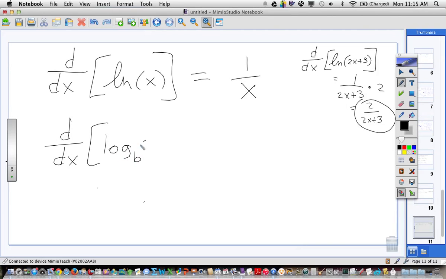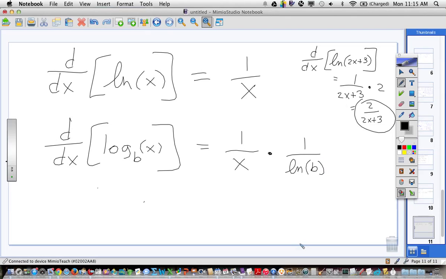All right, now what about other logs? What about logs with other bases? Well, just like with exponentials, it's very similar. It's the same rule, but we have to tack on this multiplier. Except instead of tacking on ln b like we did with exponentials, we tack on 1 over ln b, which is kind of easy to remember because the derivative itself is already 1 over x.